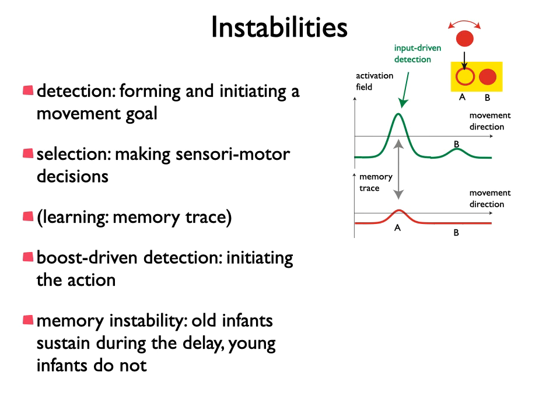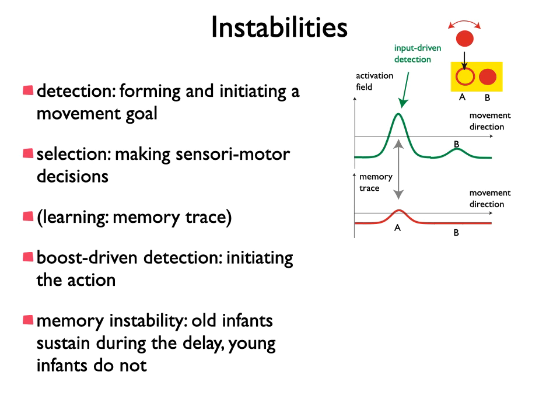There is selection, which of the two locations makes a peak. There's the memory trace. There is boost-driven detection, that is when you push into the reaching space, a small difference is amplified. And there is a memory instability in the sense that young infants are well accounted for by assuming that they don't have sustained activation while older infants have.